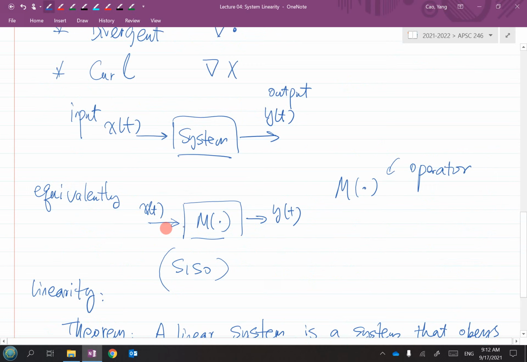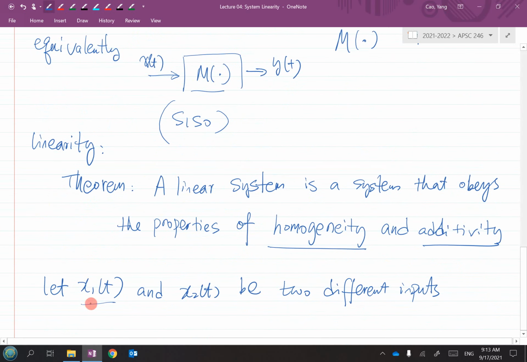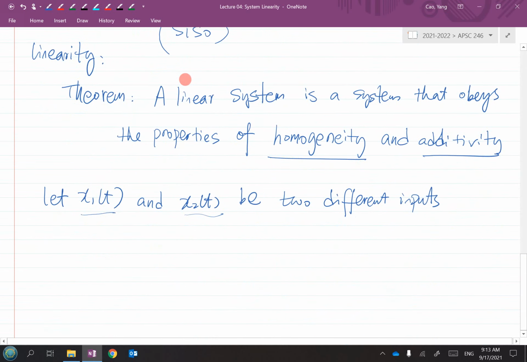You can see if I have a system input which is using symbol x of t, then over here, what I mean is you replace x with x1 of t, so that's one kind of input, or you replace x with x2 of t, which is another kind of input. That's basically what I mean by two different inputs. It doesn't mean I'm applying both of the inputs at the same time to the system, and then I become a multi-input system. We're just saying you could give different inputs to the system.